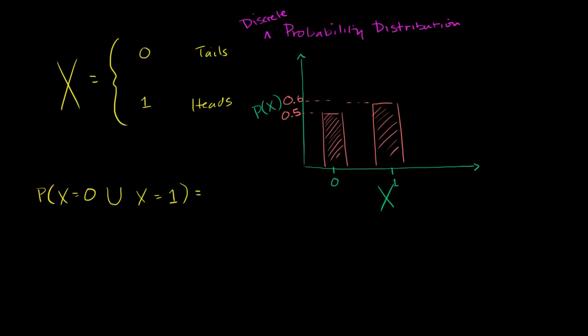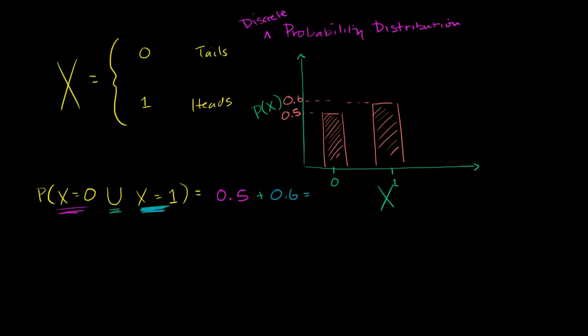Well, we would just add the two probabilities. The probability of this one is 0.5. And we're taking a union, and these are mutually exclusive events, so we can just add the two together. The probability of getting a 1 is 0.6. Let me do that in blue. The blue is 0.6.